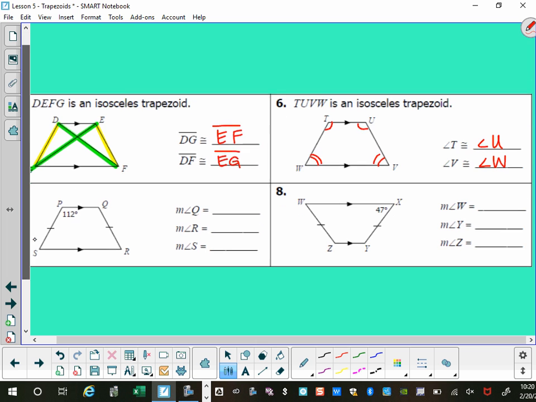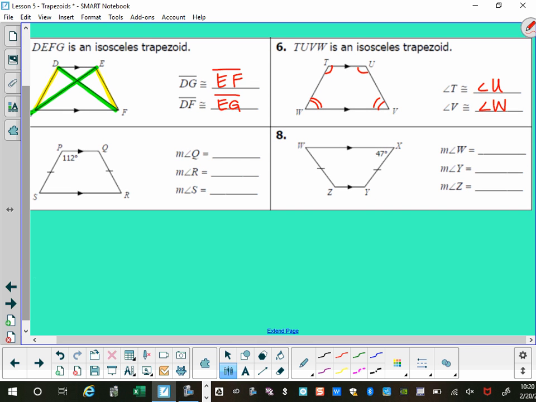So let's practice that. At number 7, they told us that P is 112. So what is Q going to be? It's 112, right? Because it's isosceles, I know that because my legs are congruent. So my top two angles are the same.